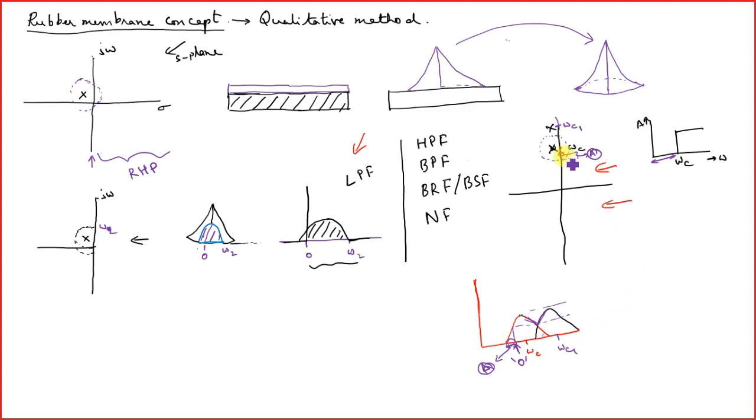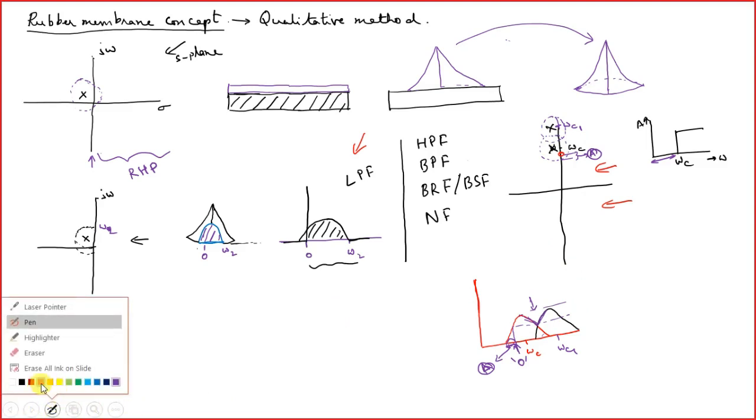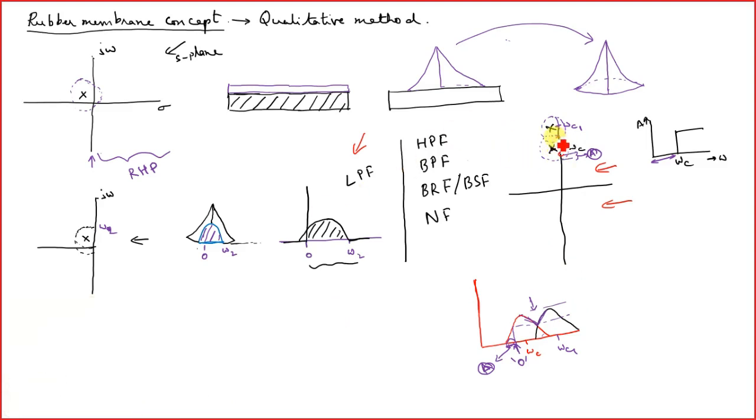So what you can do between these two, say at this region where they are intersecting, and we are having this reduced effect. Over here, I place a 0. When I place a 0, this value will come down to 0, and that would make a notch filter.